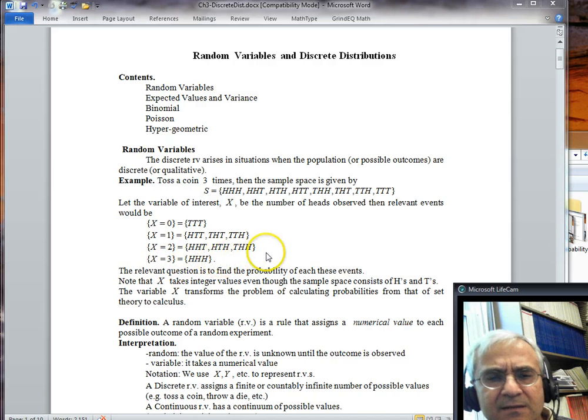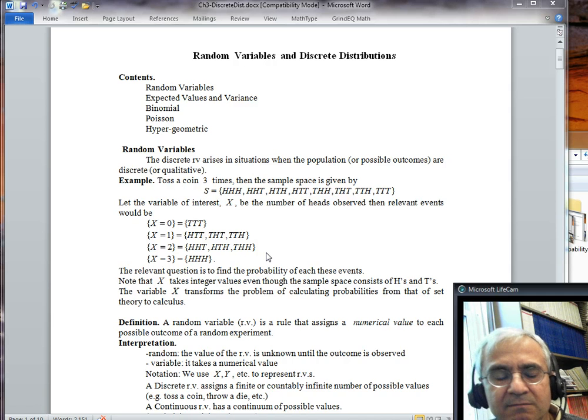If you look at this simple example and see what's happening now, instead of being interested in every possible outcome, you are interested in a collection of outcomes that are mutually exclusive, they are disjoint, and there are fewer of them. So instead of having 8 events to worry about, I have 4.